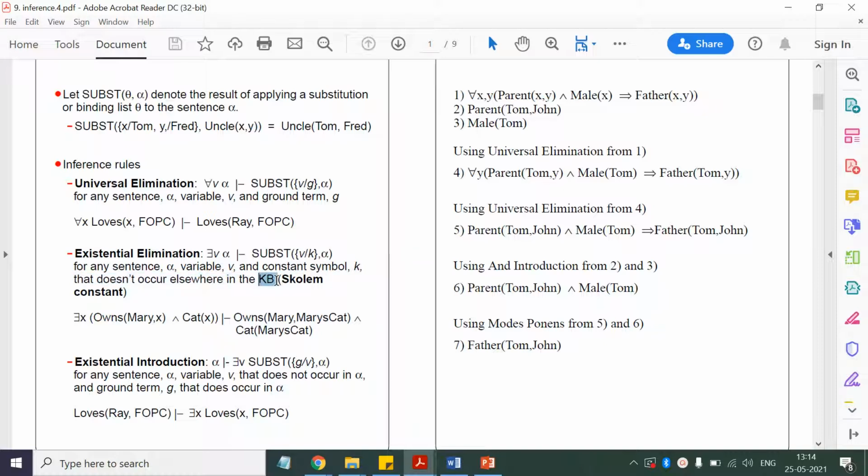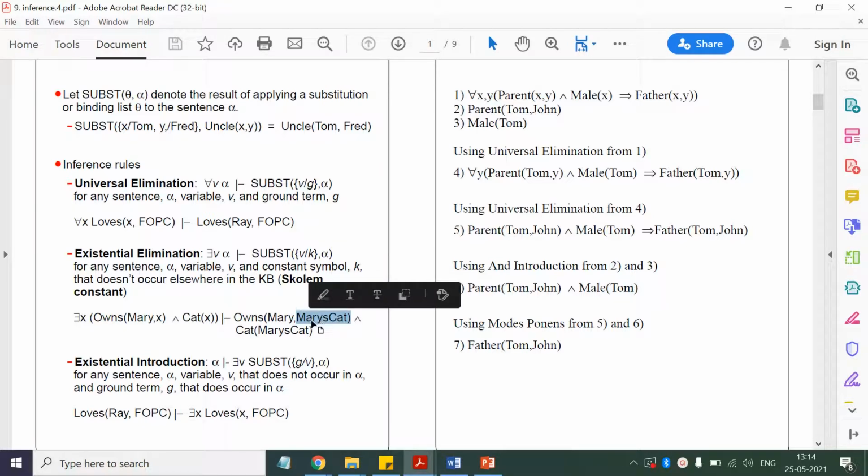KB is our knowledge base. We replace the variable with something not present in that knowledge base because we are not aware which entity satisfies that statement, right? So here we have considered Mary's cat as the Skolem constant, and we have replaced x with that.